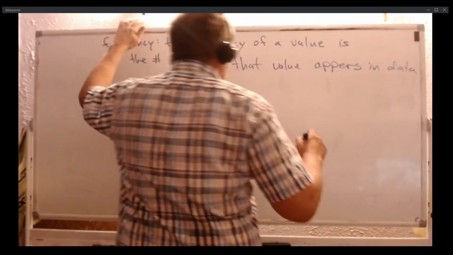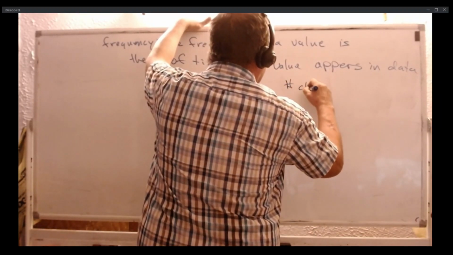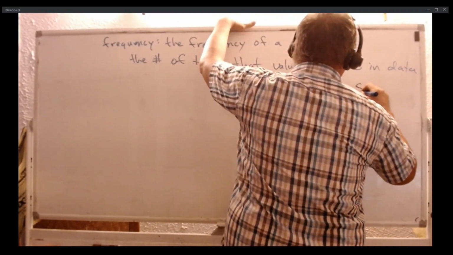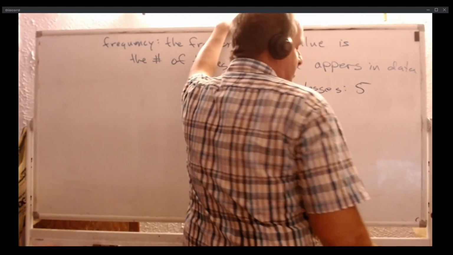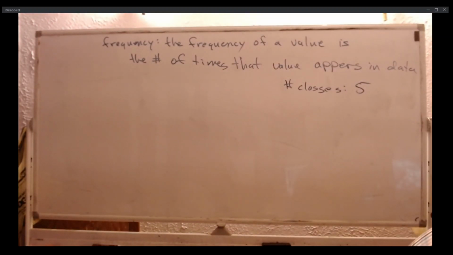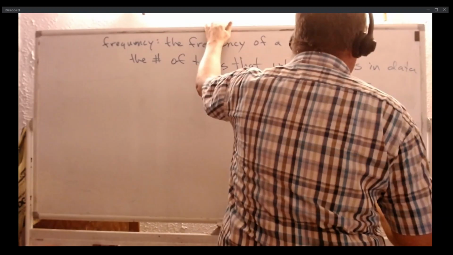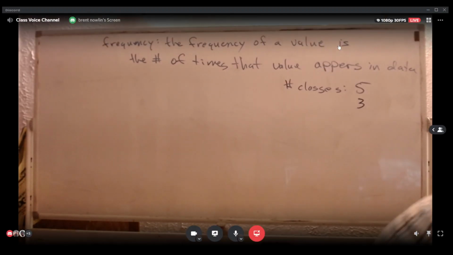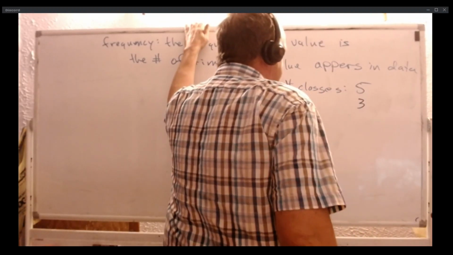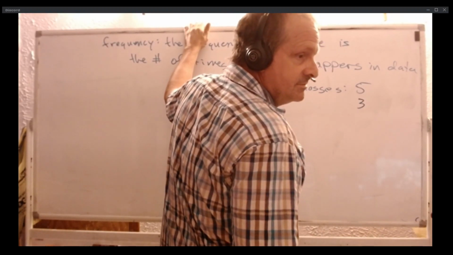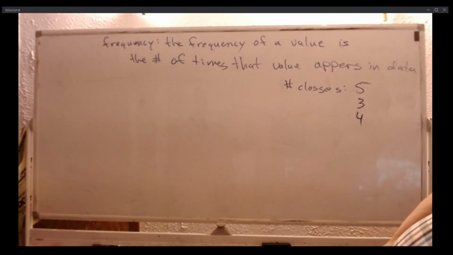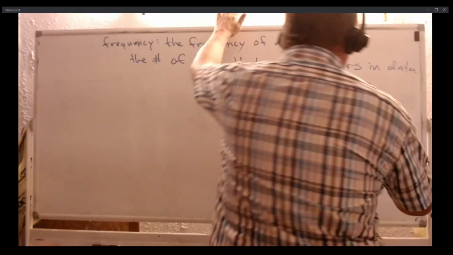Brandon, how many classes? 5 classes. You're taking 5 classes. You are a busy person. Brian Angel. I got 3. Who's next? Charles, how many classes you taking? 4? Okay. And who's next? Chris, you're taking 2?